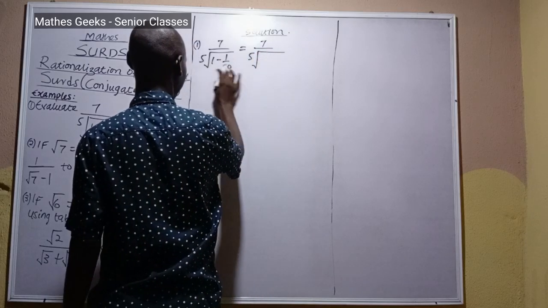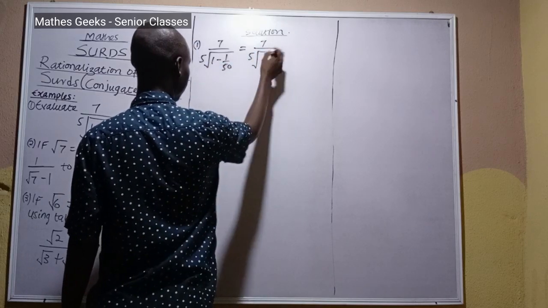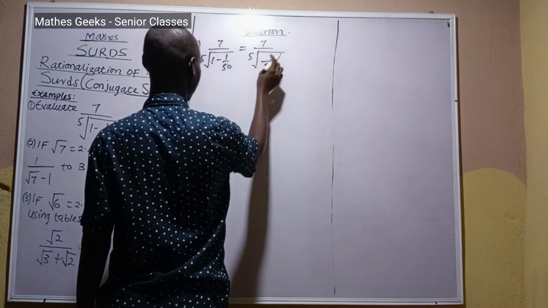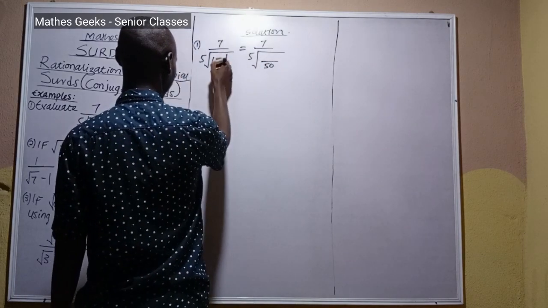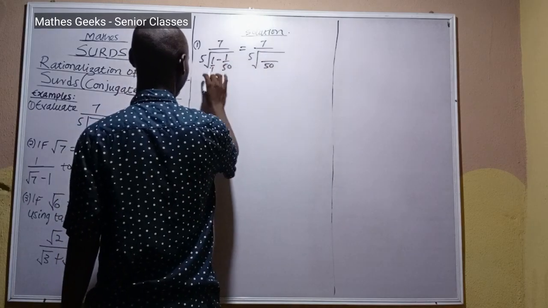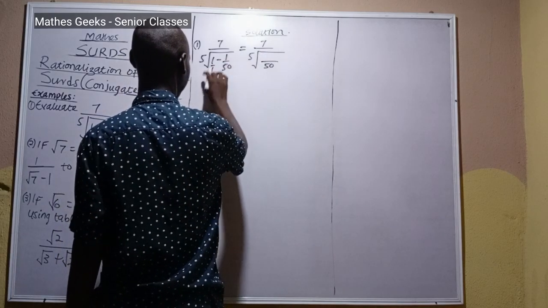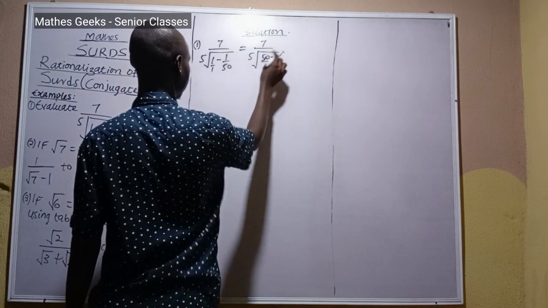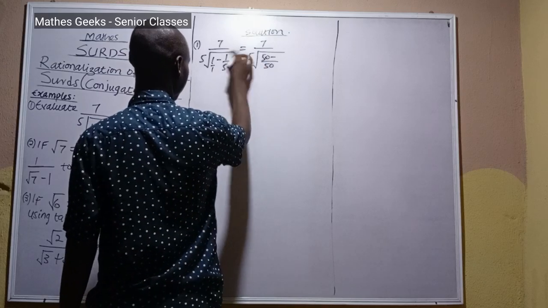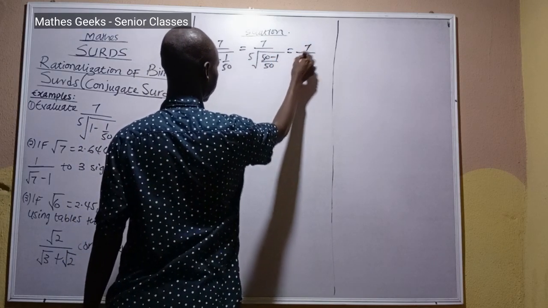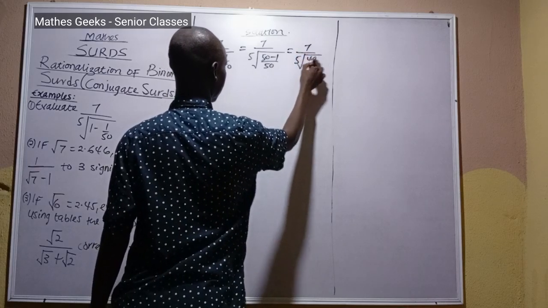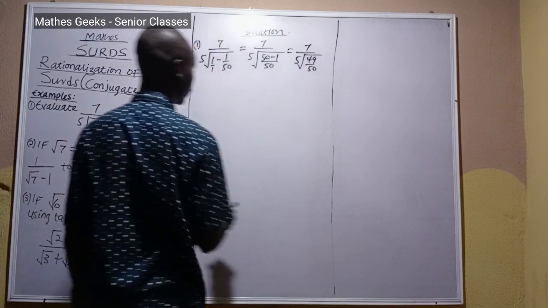The LCM of 1 and 50 is 50. 50 divided by 1 is 50. 50 divided by 50 is 1. 1 times 1 is 1. So this will give us 7 over 5 root 49 over 50.